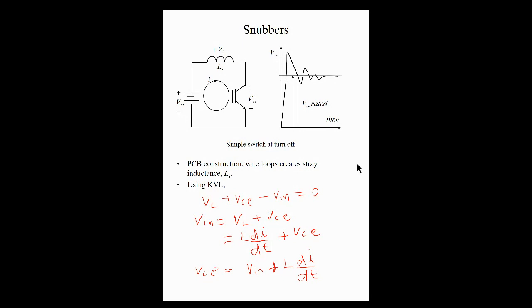On the other hand, when the device switches from off to on, the voltage will go towards zero. For real devices, the voltage drop will be about 1 to 3 volts. However, we'll have a current flowing through the switch.